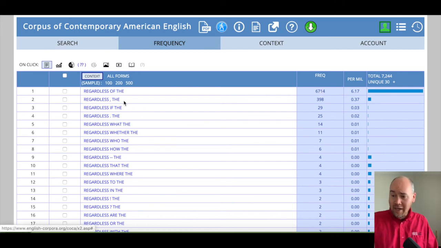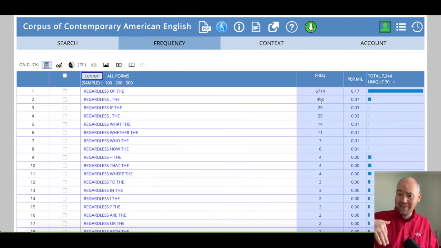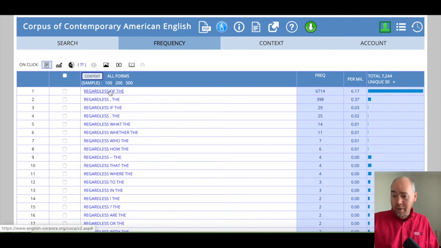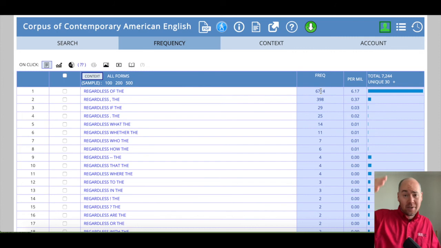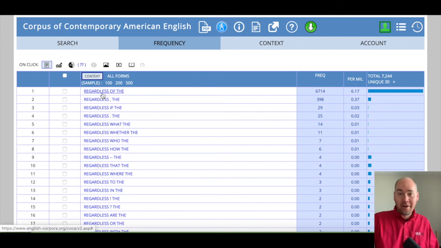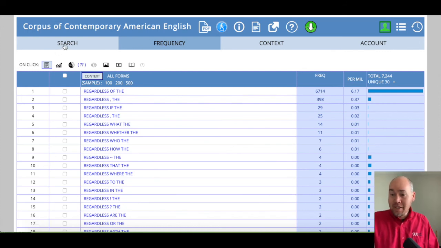This, regardless comma the, is only about 400. That's almost 20 times less than regardless of the. Okay? So, regardless of the is by far the most common way of using the word regardless and then something and then the. Okay? So basically I was right.